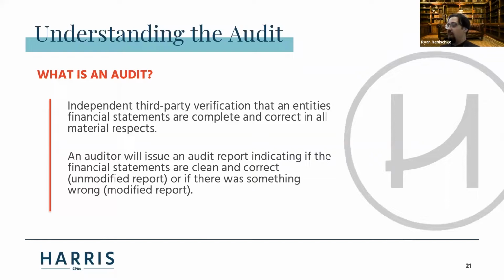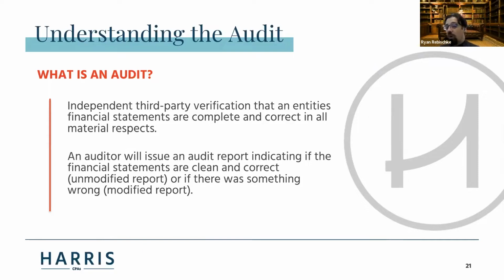Something is wrong there, and these statements now are not an accurate snapshot of that entity at that year. An auditor, which is myself, will issue an audit report that indicates the statements are clear and correct. That would be an unmodified opinion, because accountants always have to make things confusing. It used to be unqualified, which was even more confusing.